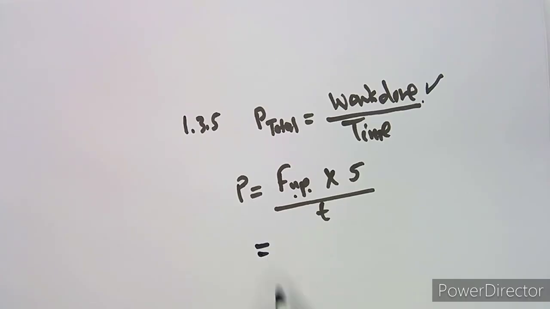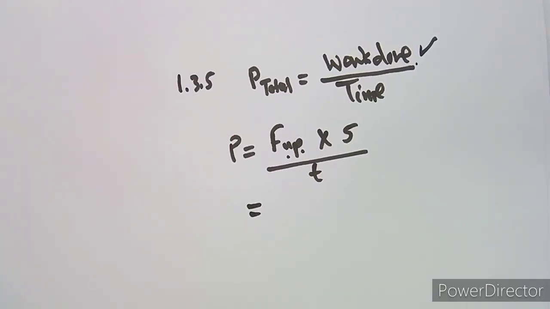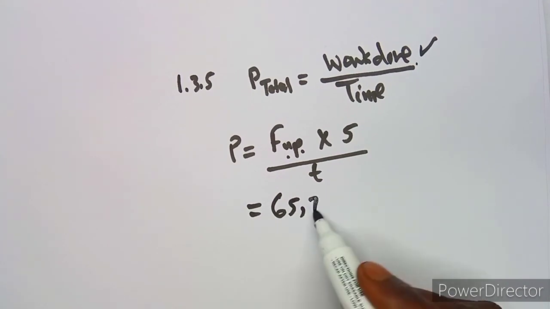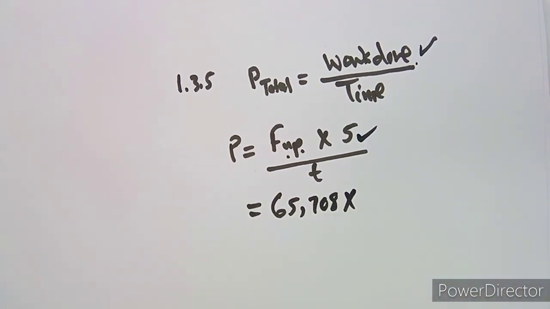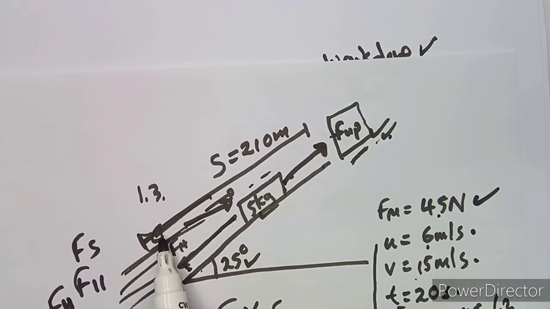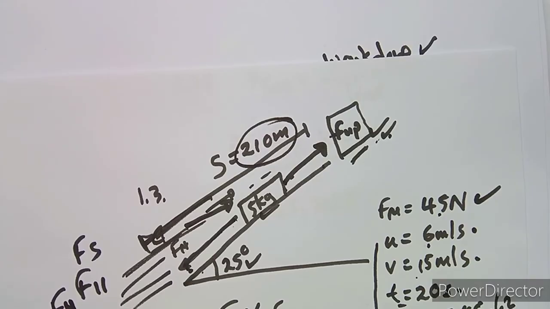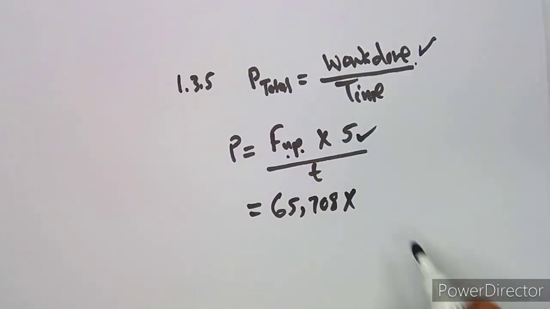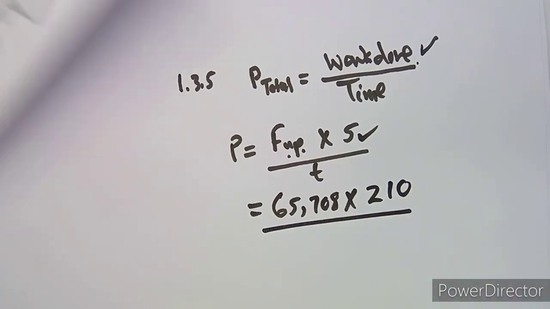Now let's substitute here so that we can calculate our power. We've got 65,708 times S, which is the distance. Remember, when it was going up the incline, it covered a distance of 210 meters, over the time.